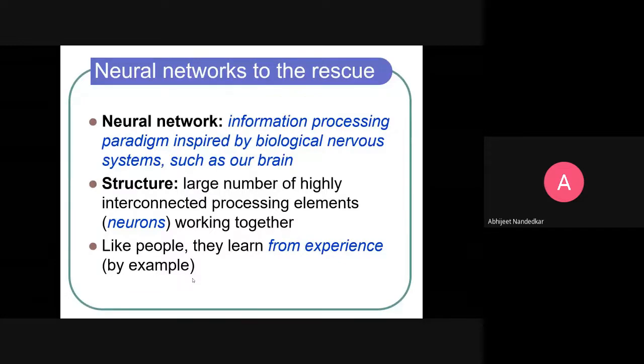So the structure is a large number of highly interconnected processing elements, neurons, working together. Like us, we learn from experience, this artificial neural network will also learn from experience.